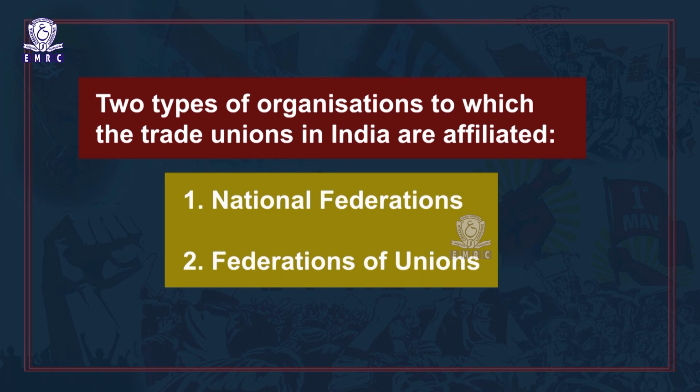There are two types of organizations to which the trade unions in India are affiliated: National Federation and the Federations of Unions. Let us now understand about national federations. The national federations have all the trade unions in a given industry as their affiliated members.